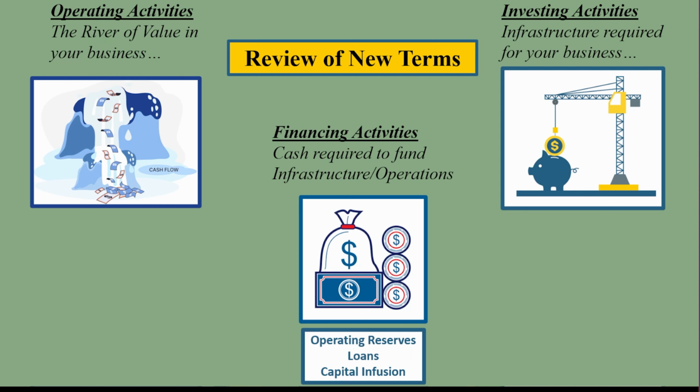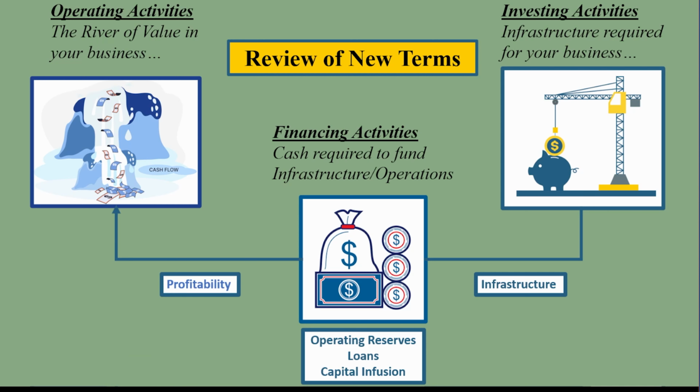This cash can come from operating reserves, from loans, or from a capital infusion of some kind. And this bucket of cash funds the infrastructure that's required to support profitability.